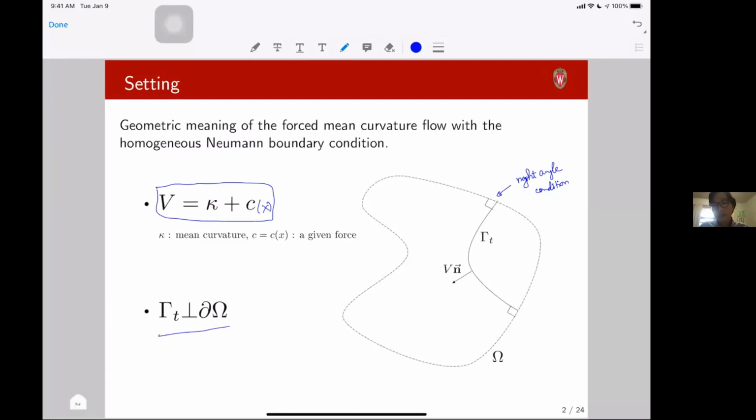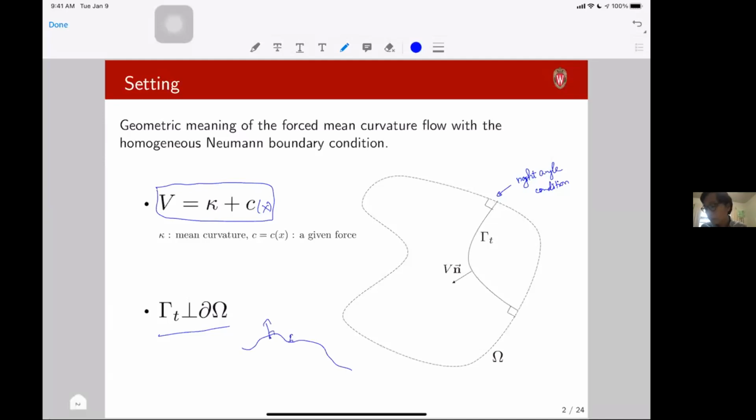Our motivations come from various sources. For example, it comes from front propagation, like in flame propagation, like in forest fire and stuff like that. In such a case, if we are looking at locations in which we have trees, for example, then the velocity is faster, and at locations in which we don't have trees, the velocity is slower.